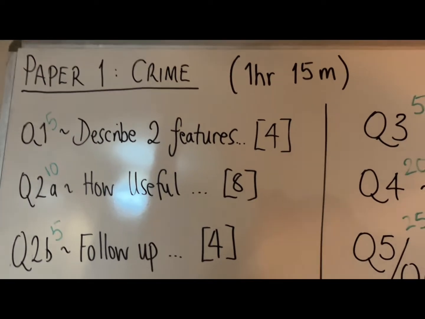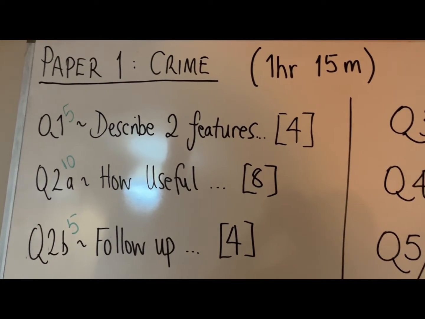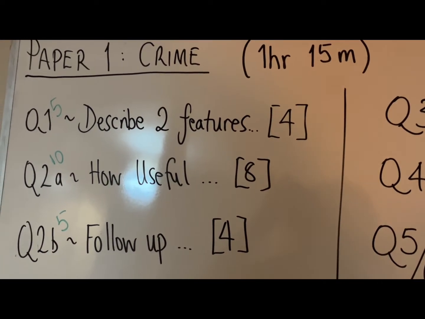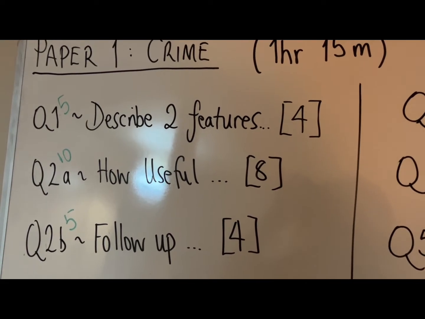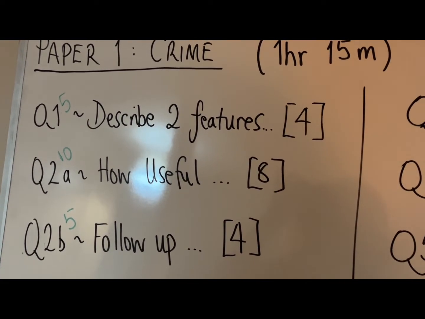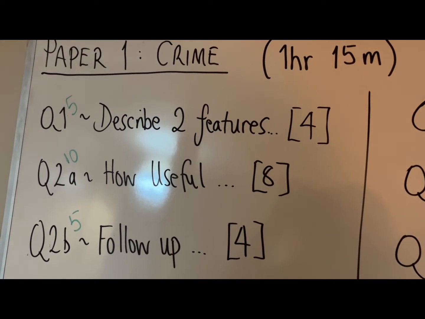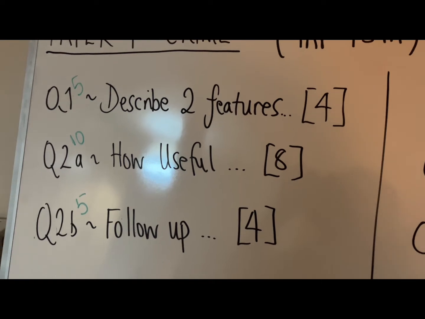In terms of the timings, you'll see that I've just added in green how long roughly you should be spending on each of these questions. Ideally, no longer than the time marked, but if you're spending less time, that's brilliant. So for question 1, 4 marks, no more than 5 minutes. Question 2A, an 8 marker, 10 minutes tops. 2B, 5 minutes.